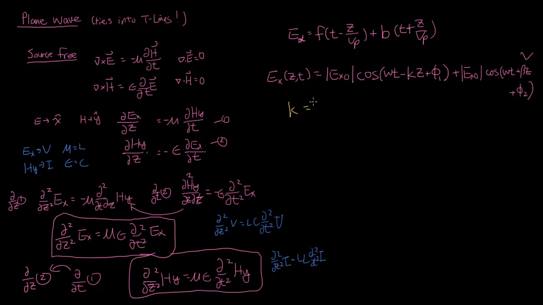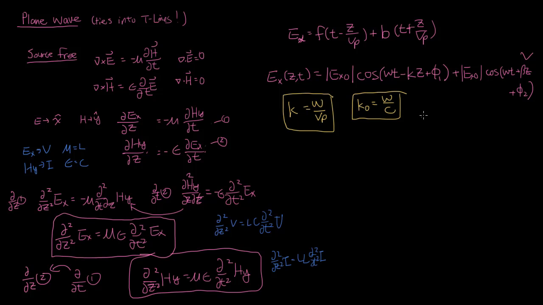So k we'll find is equal to omega over vp, or the frequency in radians divided by the propagation velocity. In free space, since the propagation velocity is a constant, sometimes we might add a naught referring to what it is in free space. So if it's in free space, it's traveling at the speed of light, so it would just be omega over c.